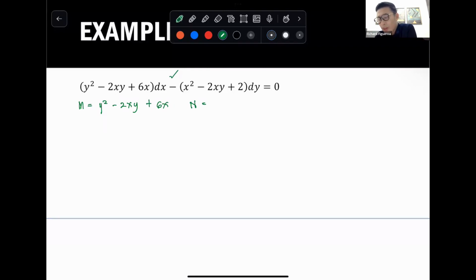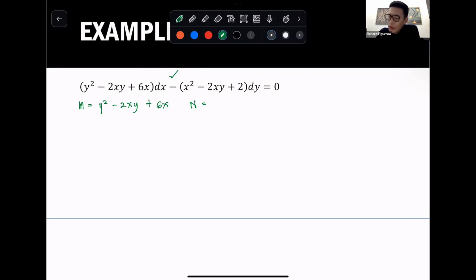When they saw negative there, pinapabayaan. Kasi a difference of sign could already make you conclude that it is non-exact even though it is exact. Kahit parehas pa yung variable pero hindi parehas yung sign, that's already a non-exact equation.